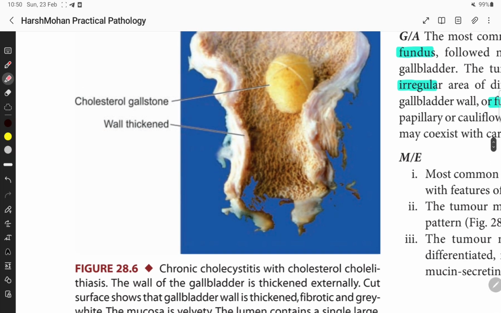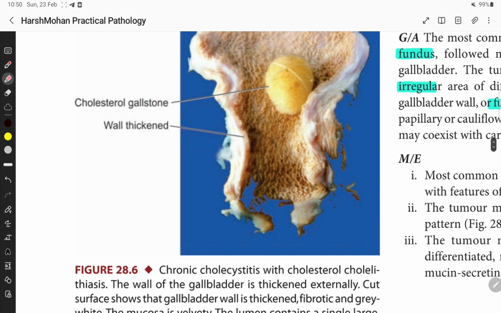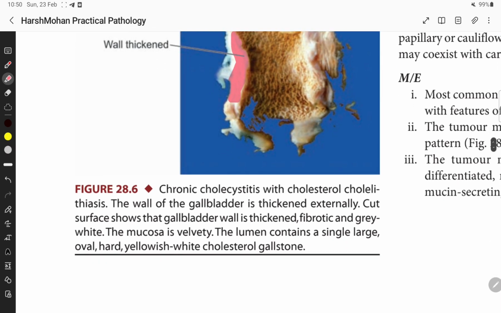See, this is the gross appearance of chronic cholecystitis with cholesterol cholelithiasis. The wall of the gallbladder is thickened externally.